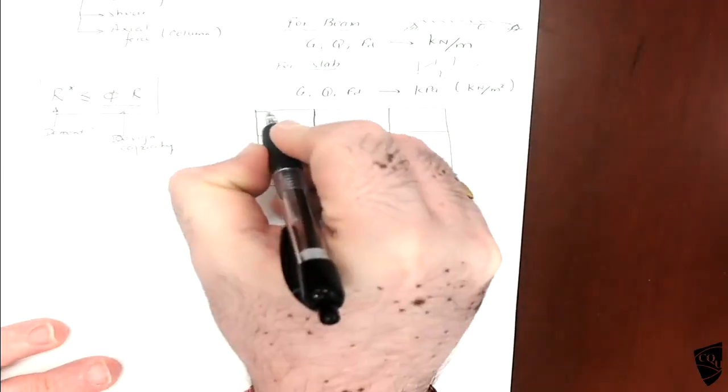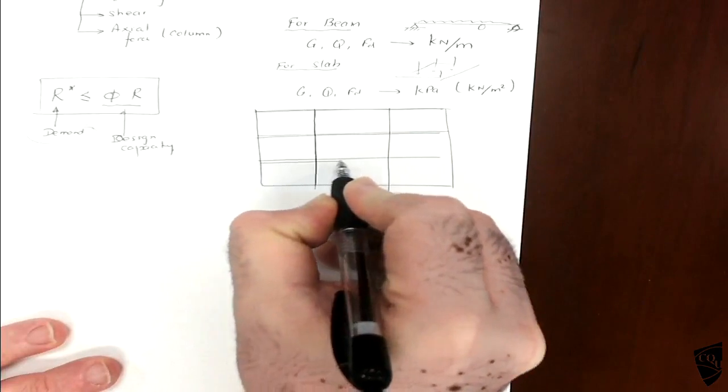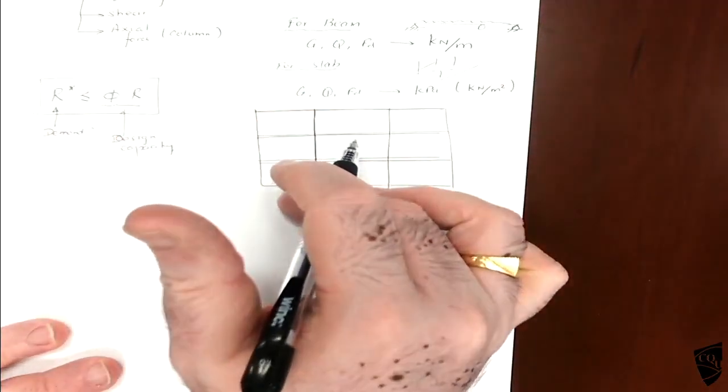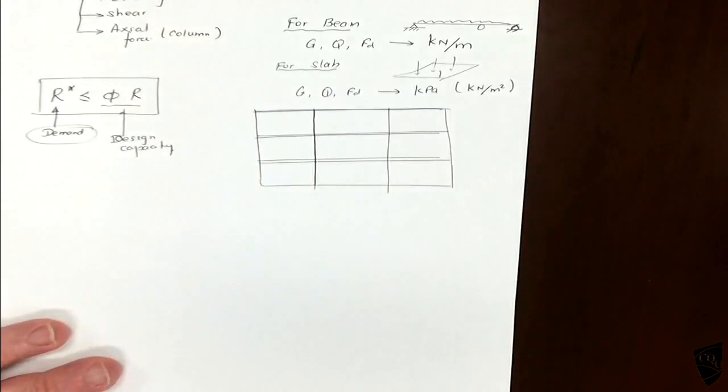We have one beam, another beam, so 1, 2, 3, 4 beams this side, and 4 beams this side. How do we get the maximum bending moment for each of these beams? That's the first question.